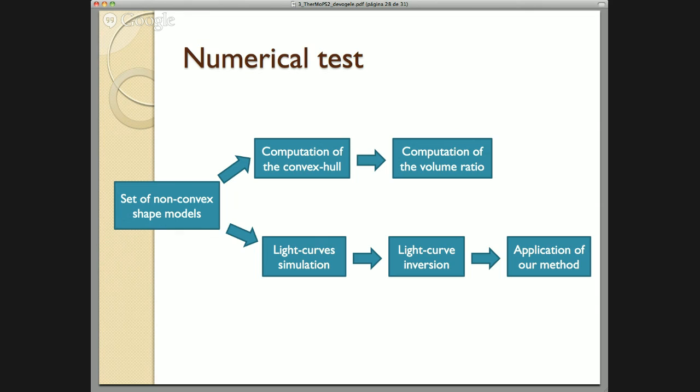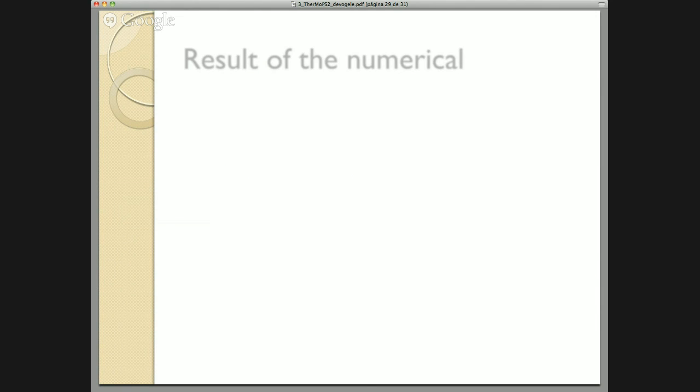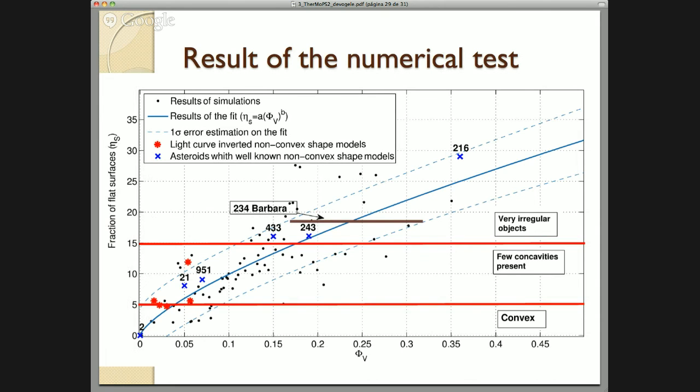And then we applied our method on the resulting convex shapes from light curve inversion. So here you have the result of this numerical test. Here you have the volume ratio for these non-convex shape models, and here the fraction of flat surfaces that were found on the result of the light curve inversion.